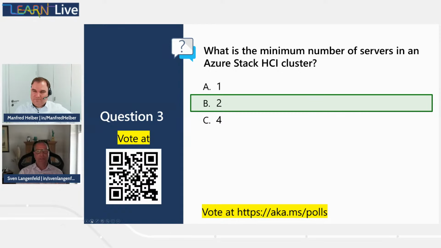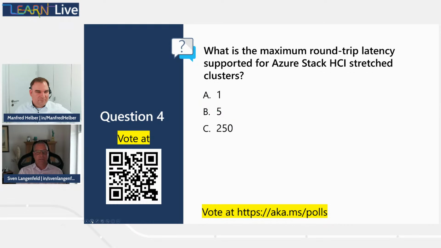So we will see what's coming in future with Azure Stack HCI. You will see a lot of new features coming over the next 12 months. That's what makes Azure Stack HCI so powerful, that we're working on improvements, making it better, and have additional solutions over the time. So let's look at the second question.